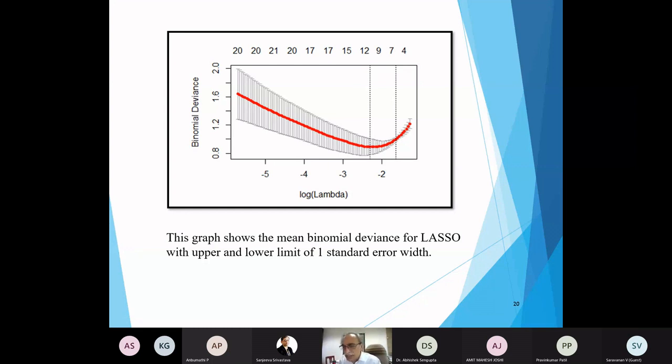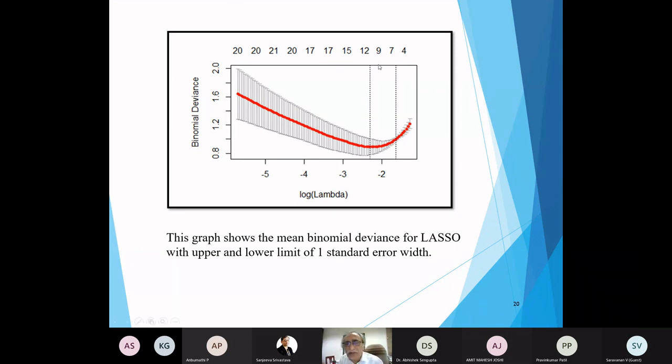So this LASSO method with binomial deviance as the loss function enables us to identify only between 9 to 12 proteins that are relevant for classifying. Please mark my words, 9 to 12 out of 1,200 proteins.